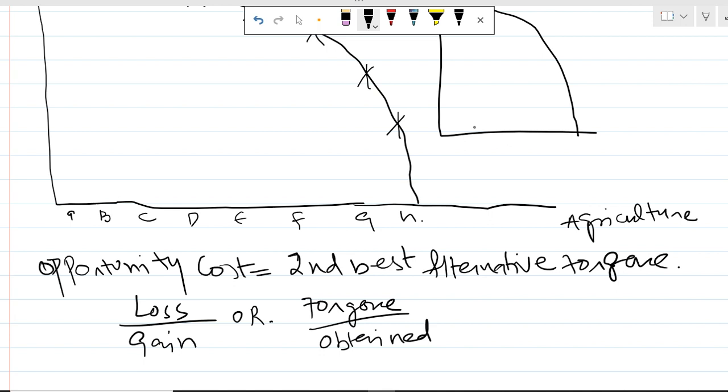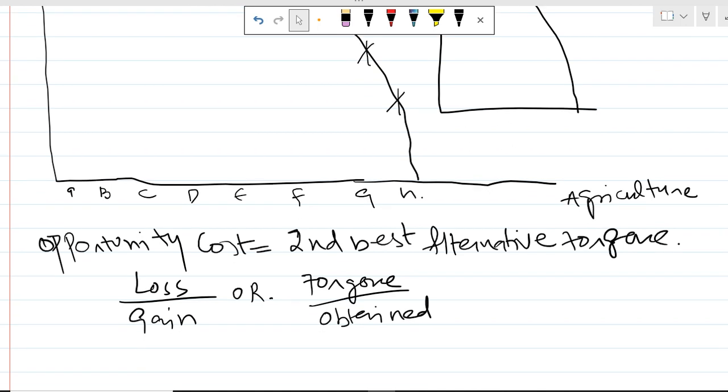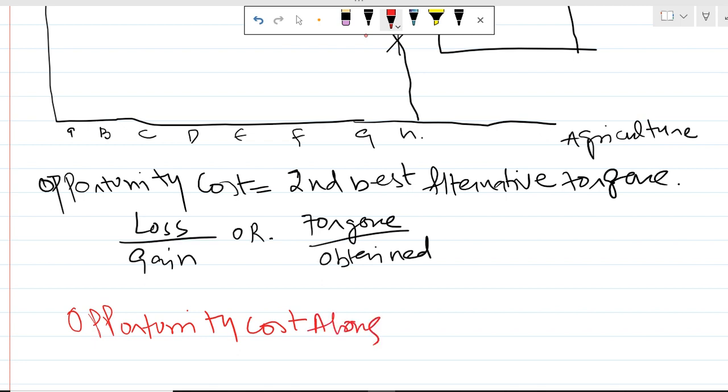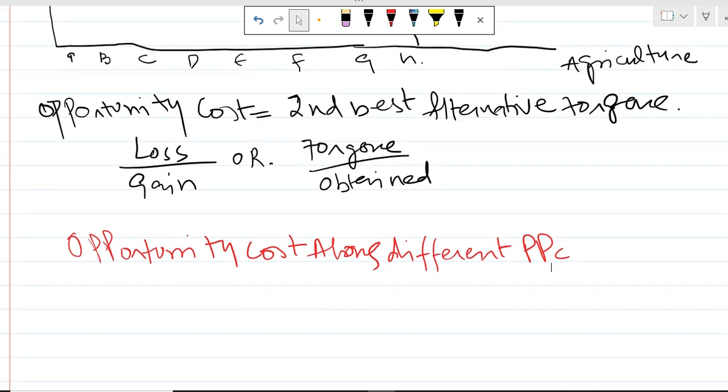And now we discuss the different opportunity costs along different PPC curves. Here we have to move this thing. We draw that.